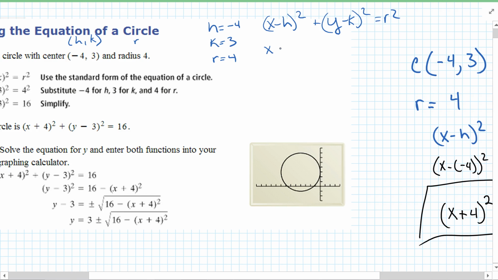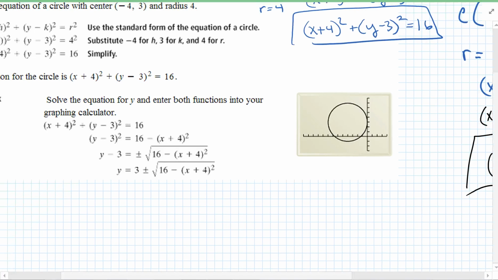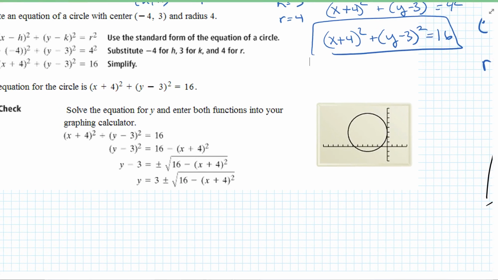So x minus negative 4 squared plus y minus 3 squared equals 4 squared. So we could rewrite this as x plus 4 squared plus y minus 3 squared equals 16. And we could easily plot that graph if we needed to. You could always set it back to your y equals so you could get your circle.